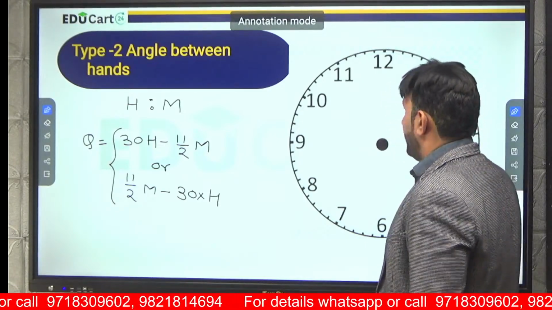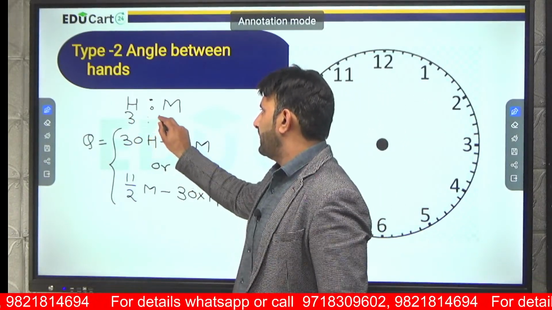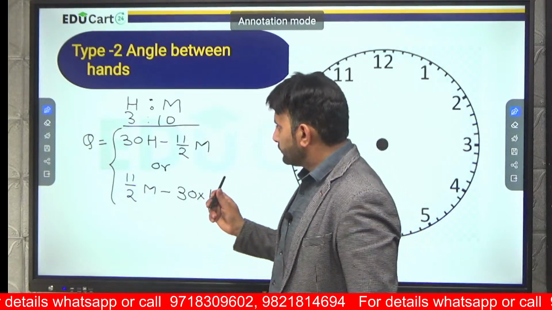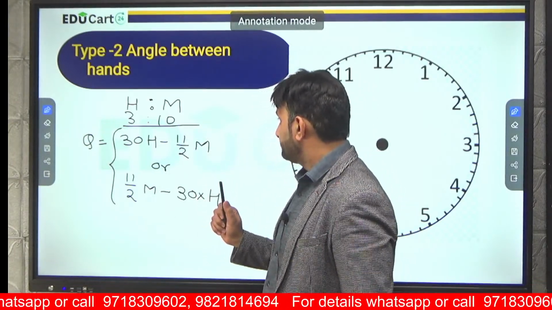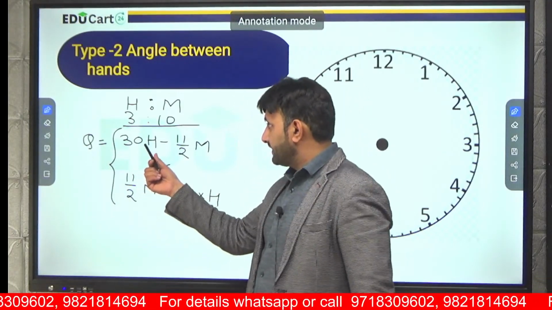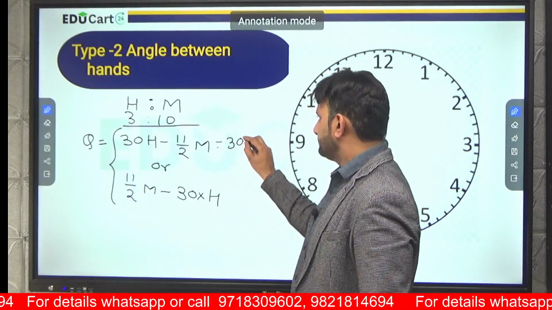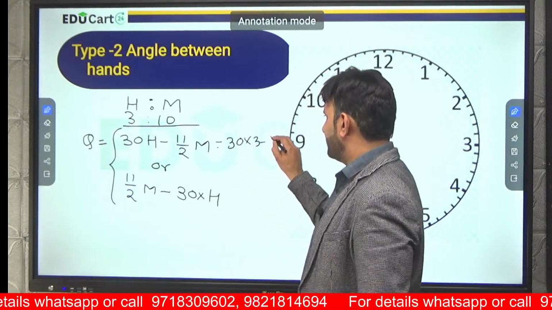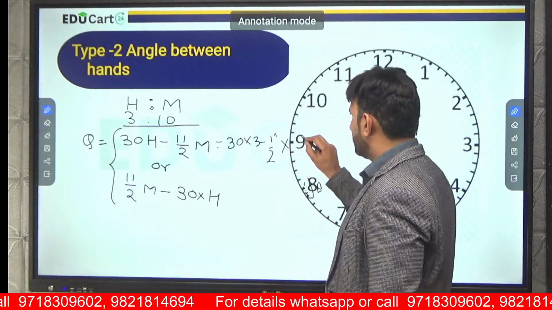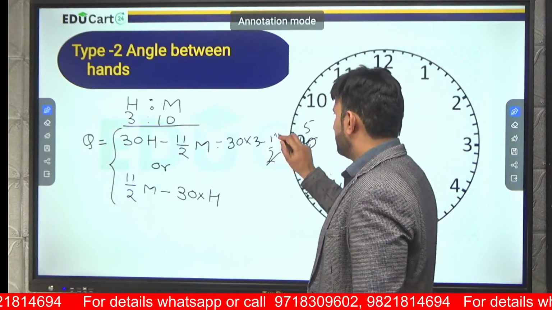We know that at 3:10, the h value is 3 and the m value is 10. If you put it in this formula, what will you get? 30 into 3 minus 11 by 2 into 10. You can cancel out 5, so 11 into 5.